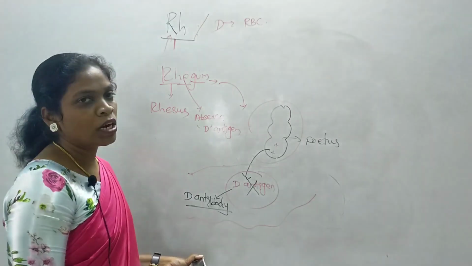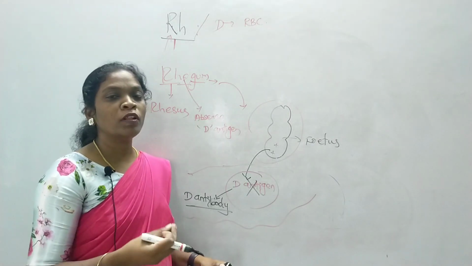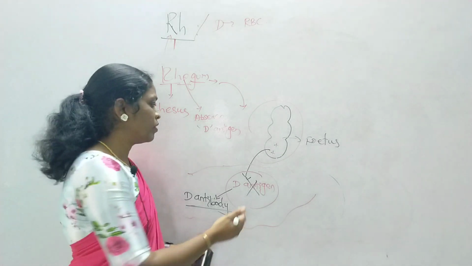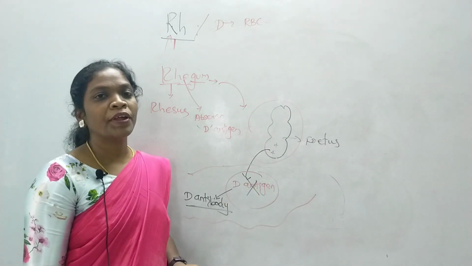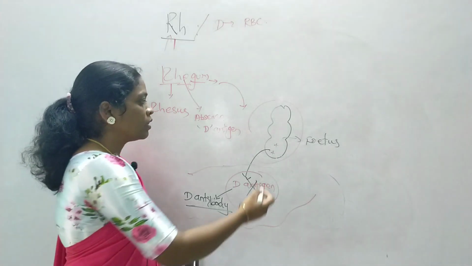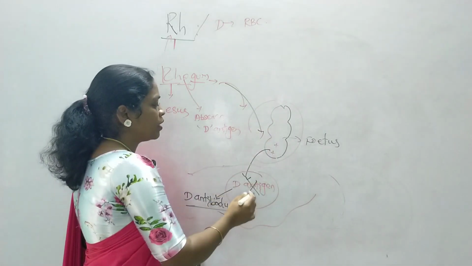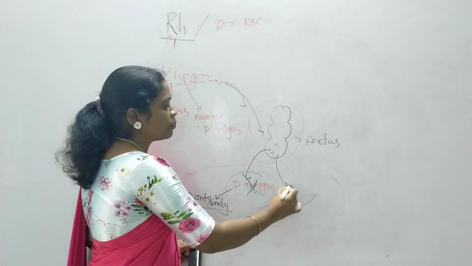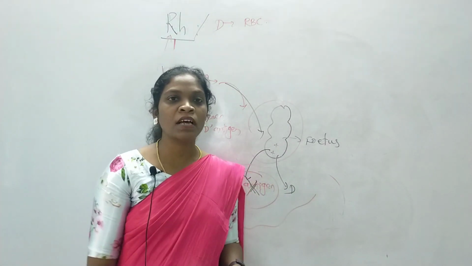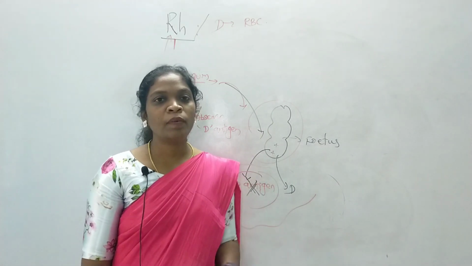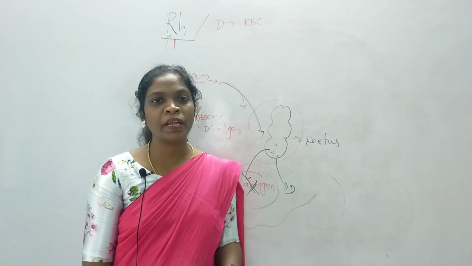As I have told you already, during first delivery, before the mother's blood sensitizes to the presence of D antigen, the baby is delivered. But it will not happen in the case of second pregnancy. So what they actually do is this Rhocum injection will destroy the D antigen released from the fetal circulation before the mother's blood sensitizes to it. So she is not going to develop any antibodies.